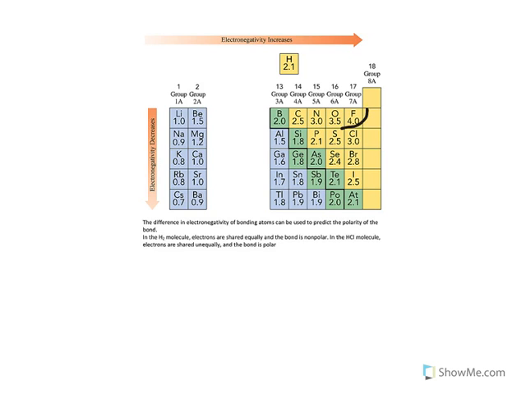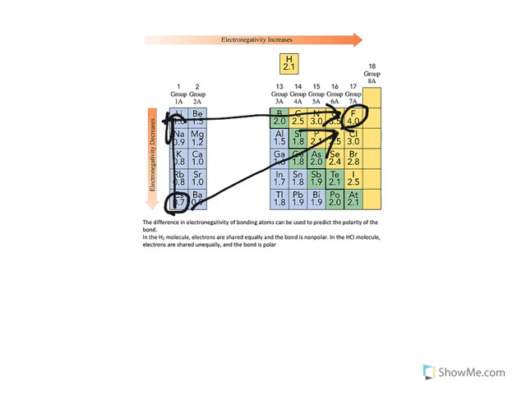You will notice that fluorine has a 4.0, which is the highest. The smallest on this table is cesium at 0.7. So again, it is high for nonmetals, low for metals, and increases as you go up the periodic table, and increases left to right for an overall trend of up and to the right.